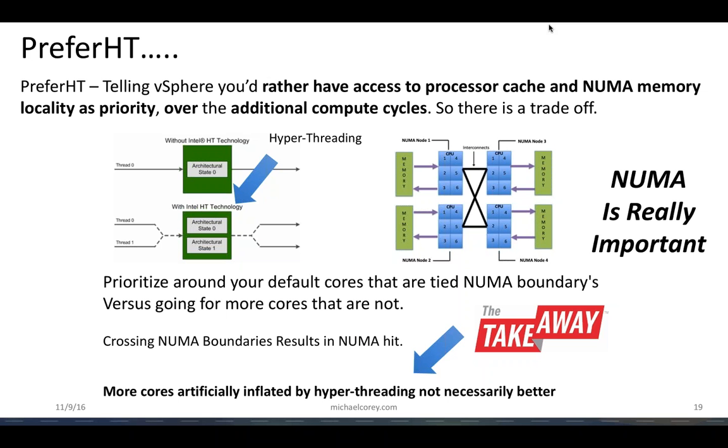NUMA, I'm going to quote Mr. Klee, is one of those things that by adjusting it, he's seen greater than a 40% improvement in performance. So the idea here was really focusing on NUMA memory or NUMA locality over the additional compute cycles. And that's what Preferred HT did for them. We will discuss NUMA in some great detail later, and there are some great resources on NUMA available too.